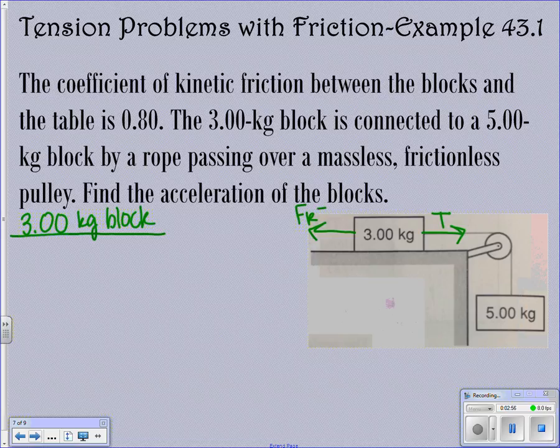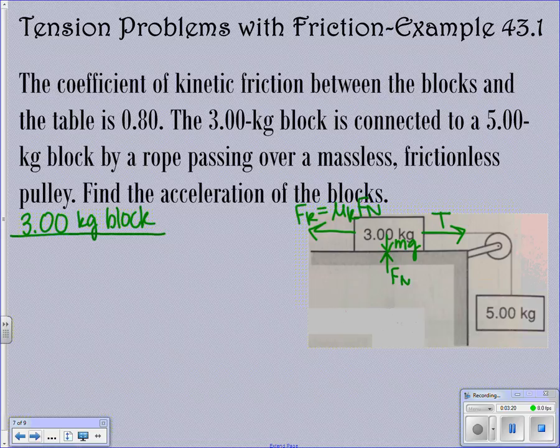And remember, F sub K equals mu sub K F sub n. So those are in opposite directions. You have your weight, which is your mass times your gravity, so 3 times 9.81 acting down, and then our F sub n is acting in the opposite direction.